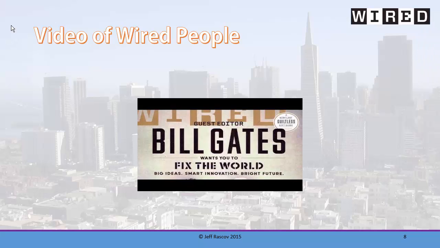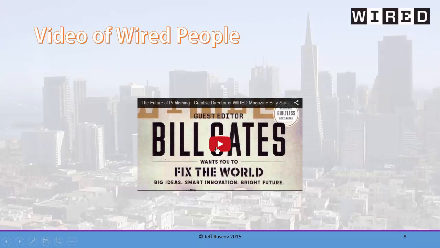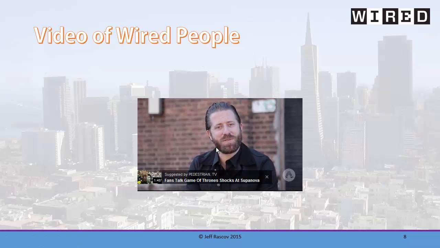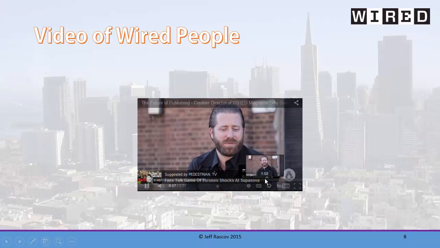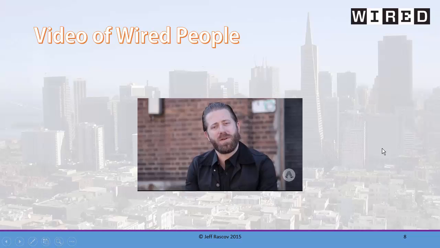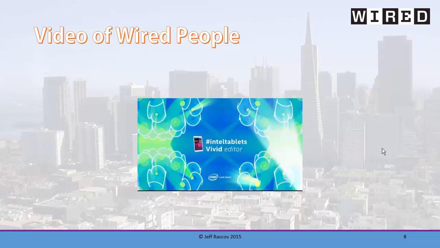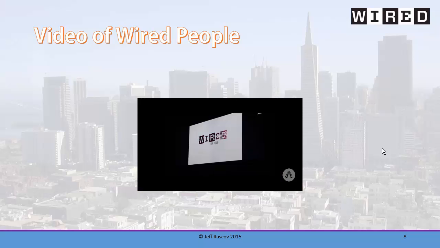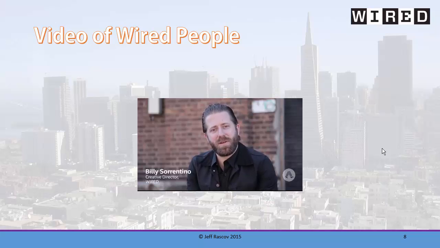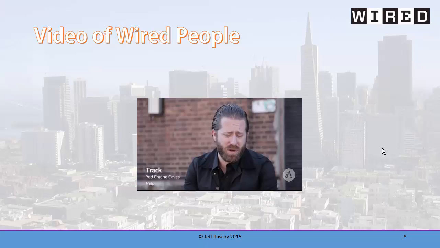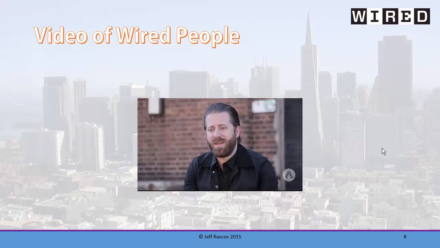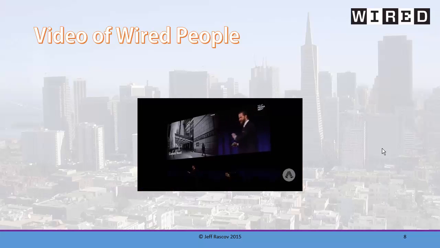The wind, and then our video. When Wired was founded, it was sort of the tech version of Rolling Stone. It was very punk rock. It was featuring these people that no one knew anything about that were changing the world. I'm Billy Sorrentino. I'm the creative director of Wired. My direct role as creative director is overseeing all of our creative execution. So that includes print, web, tablet, mobile, photo, video departments, and production. So it's quite a lot.